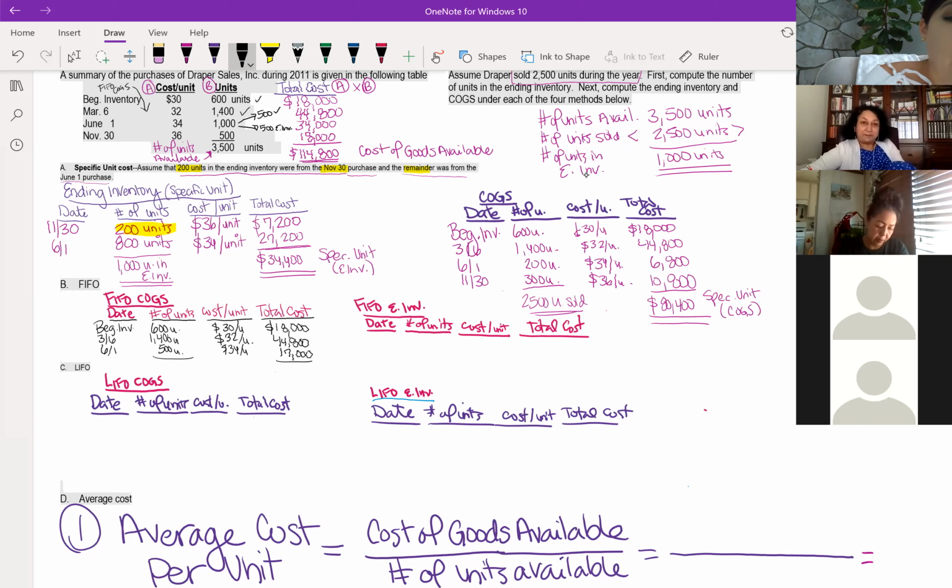Yes. So right here, I know I have 2,500 units sold. And FIFO's cost of goods sold is going to equal what? $79,800. Yep, $79,800.